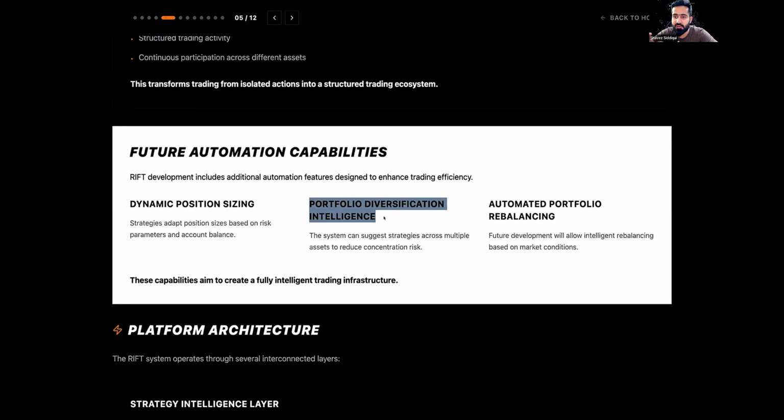Crypto does not sleep, but these markets do. Then there is automated portfolio rebalancing inside Rift that we are building. It will allow rebalancing based on market conditions. So this is a future development that we are doing on top of the built layer that we have developed and deployed right now.